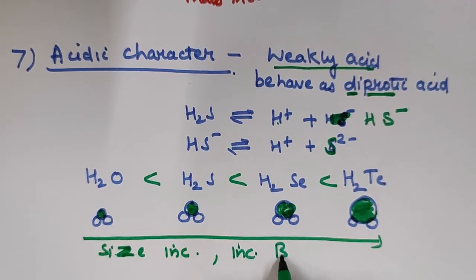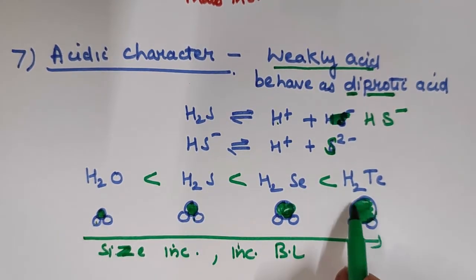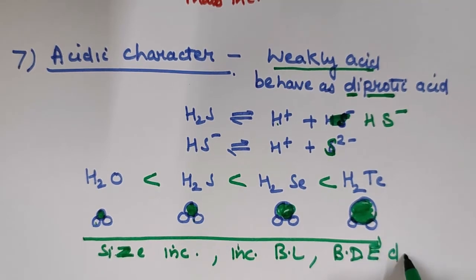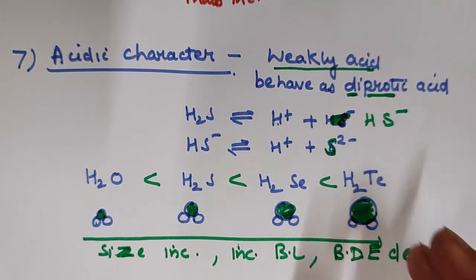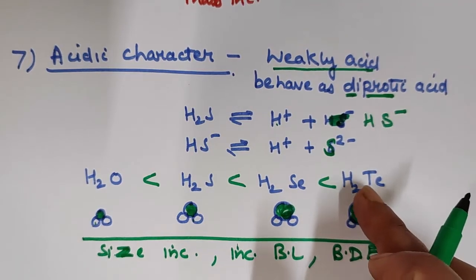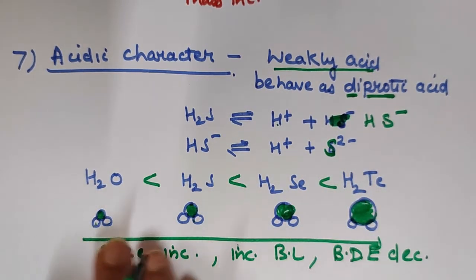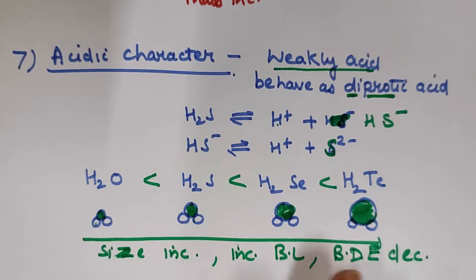The size of hydrogen remains the same everywhere, but that of the central atom is increasing. Because the bond length increases, the bond dissociation enthalpy decreases. That means the energy required to break the bond decreases. So this will easily give the H positive ion, and therefore it will be more acidic compared to the other members of group 16, and acidic character increases as we move down the group.